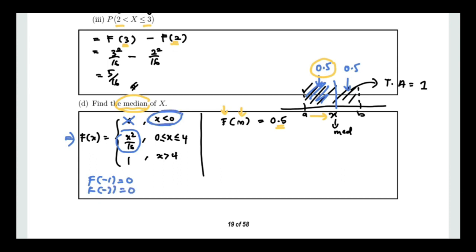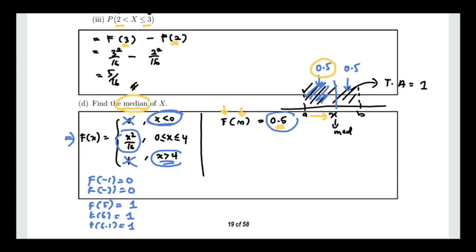So it's already eliminated. For the last function, for x greater than 4, F of 5 equals 1, F of 6 equals 1, F of 6.1 equals 1. So every single x greater than 4 will give you 1. We want to find what value of x will give you 0.5.